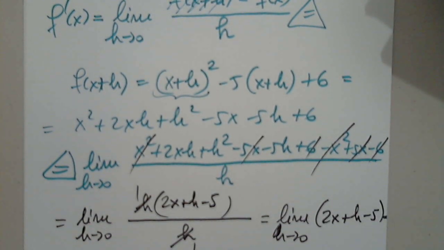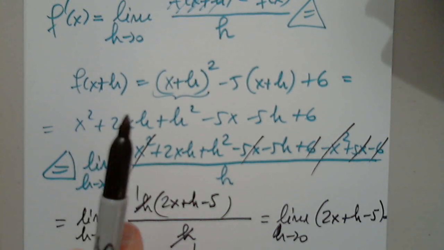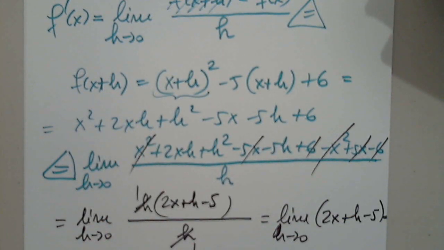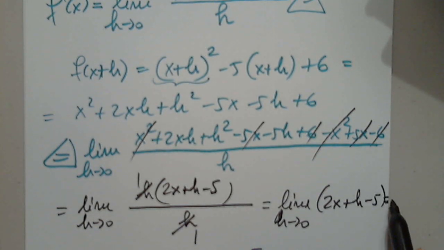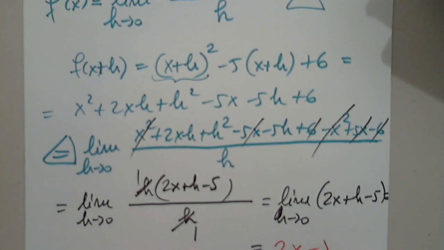Can anyone give us the derivative of the function x squared minus 5x plus 6? What is it? What is the answer now? Now the limit operator will be applied and it will disappear. Would it be 2x minus 5? That's it.